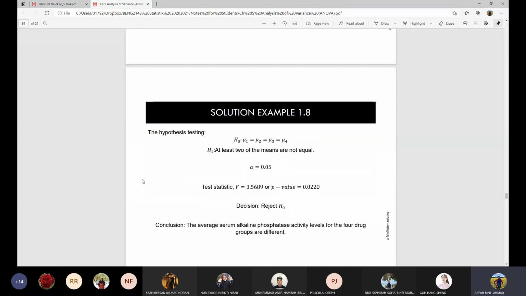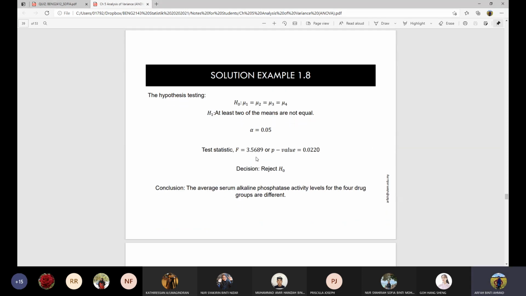This is an example for the solution of example 1.8. Yang mana dia punya steps involved is the same. The first one, taking your H0 and H1, and then kita tengok apa dia punya alpha, and then we see dia punya test statistic, whether you are going to use the F test or also the P value, and then the decision, check your rejection region, whether you are going to reject or accept the null hypothesis, then make your conclusion.